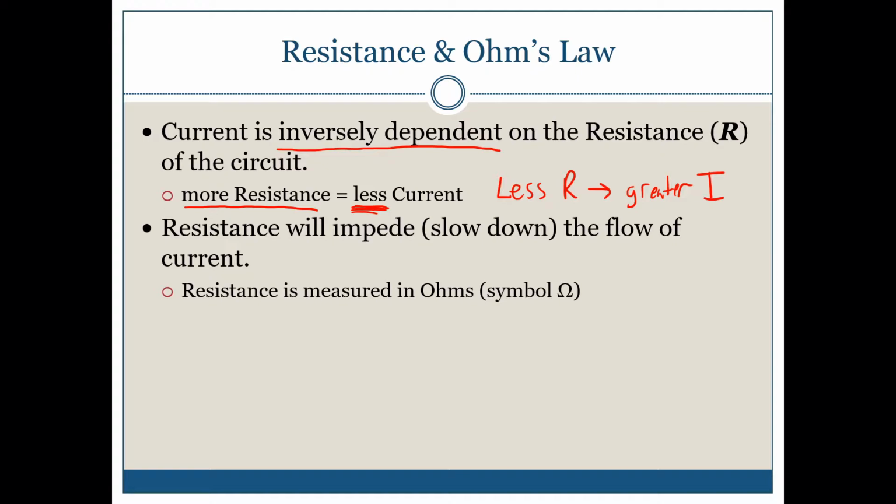But like I said, if the resistance is high enough, then the current will be reduced to a very negligible value. Okay, so if you remember from static electricity, insulators have generally very high resistance, because insulators prevent the flow of electrons, and conductors are the opposite, where they have low resistance.